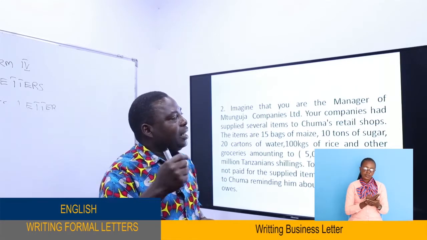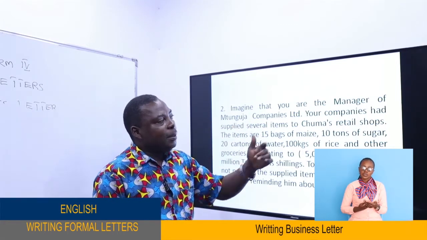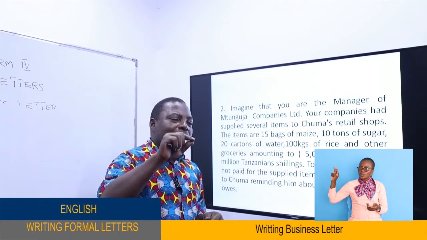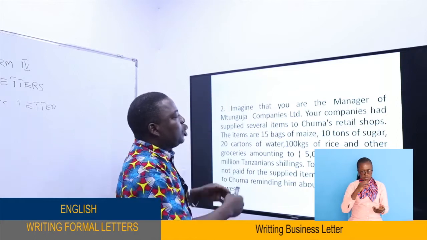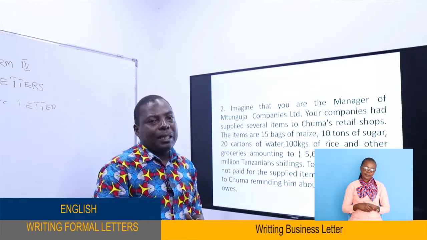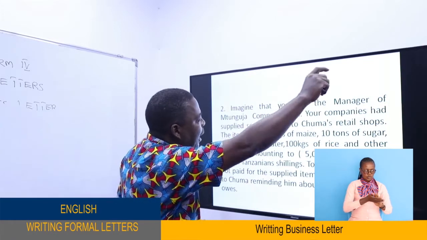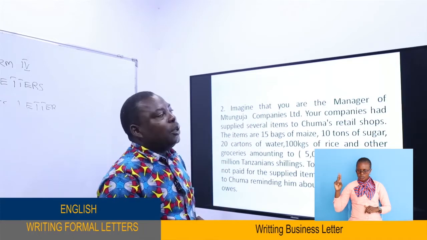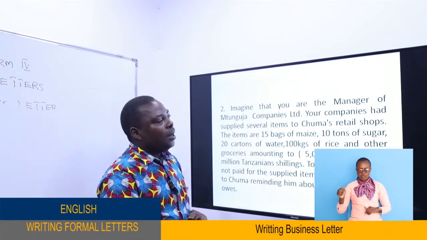And who is writing this letter? It is Mtunguja Companies Limited. So it is the manager who has to write. So that means the sender's address should be that of Mtunguja Companies Limited. And you start with Mtunguja Companies Limited, PO Box, you write it there, and the place where it is.